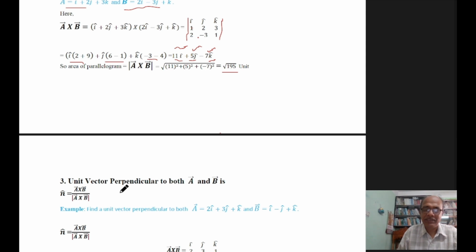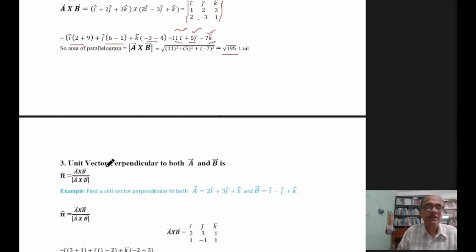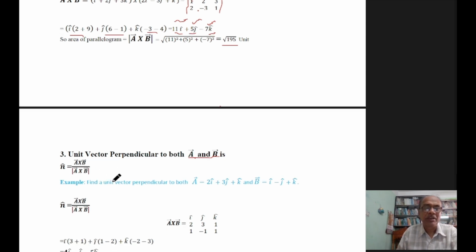And the third one is the unit vector perpendicular to both, and that vector equals A cross B divided by the magnitude of A cross B. We have taken an example, vector A equals this one, vector B equals this one, find the unit vector.